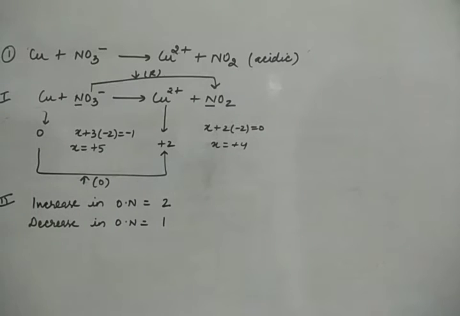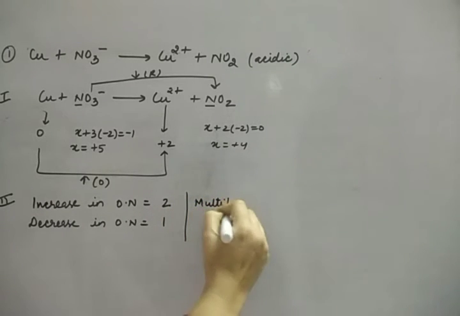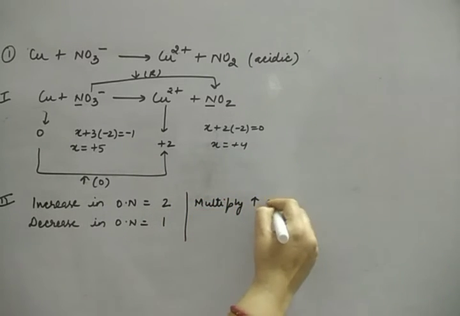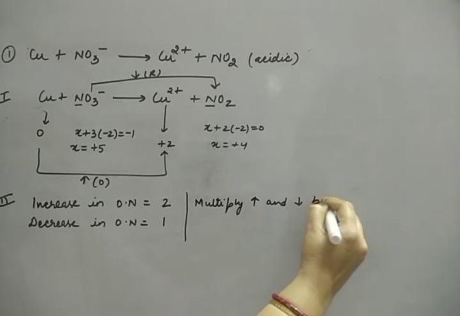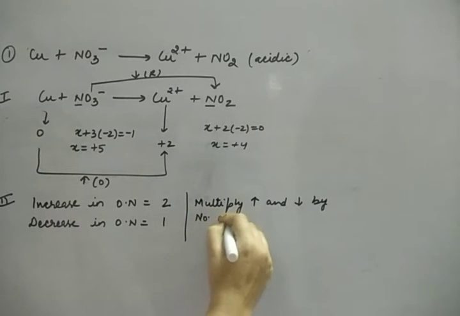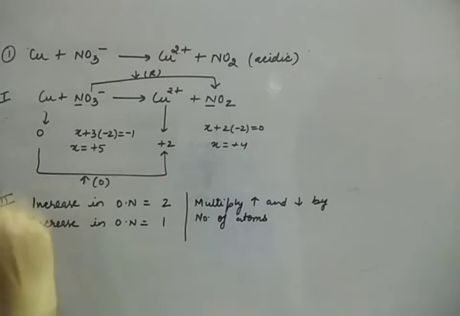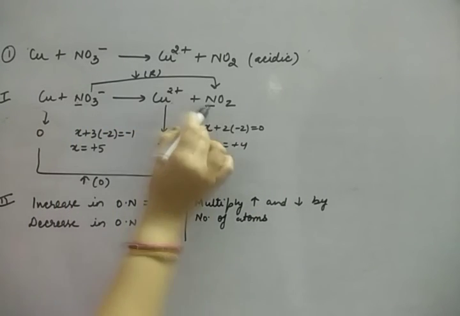Now the number of atoms: we have to multiply the increase and decrease by the number of atoms, but the number of atoms involved are 1 and 1 only, copper 1 and nitrogen 1.